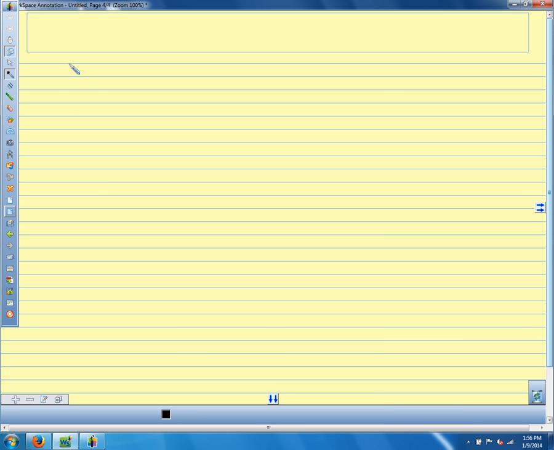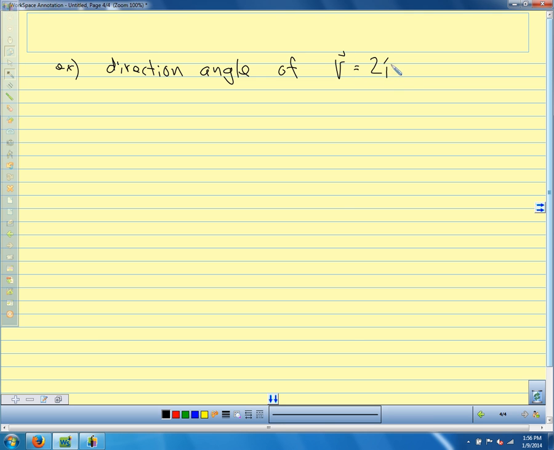All right, so the easy problem first. We want the direction angle of the vector v equals 2i minus j.